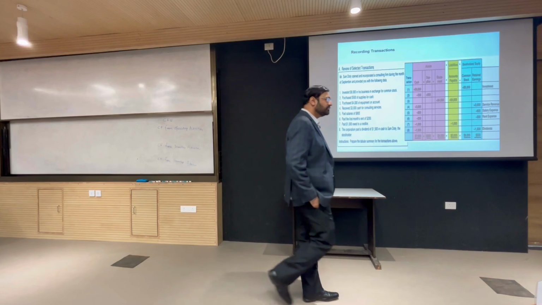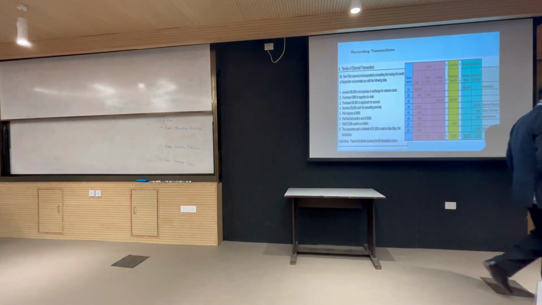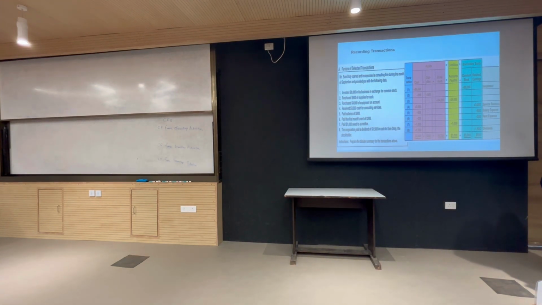Just to remind you, once the transaction analysis is done, we already know from day 1 that this part is your profit and loss account. 3,000 minus 800 minus 200, 2,000 is your net profit. Of the 2,000 net profit, 1,500 is distributed as dividend, so 500 is retained earnings.